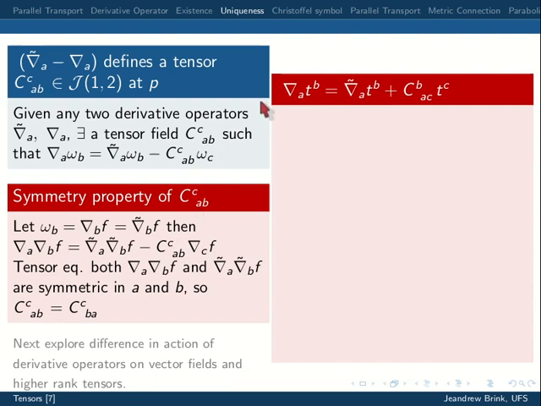And so on vector fields, you can also show that rather than obeying this identity, where you have the one derivative operator applied to ω_b equal to the different one minus this tensor, the derivative operators' difference when applied to vector fields obeys this expression.